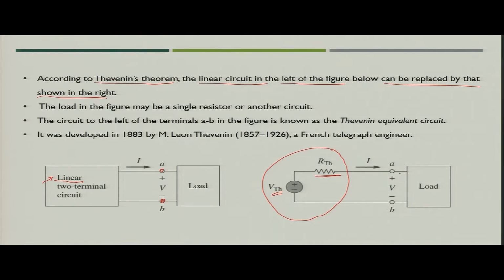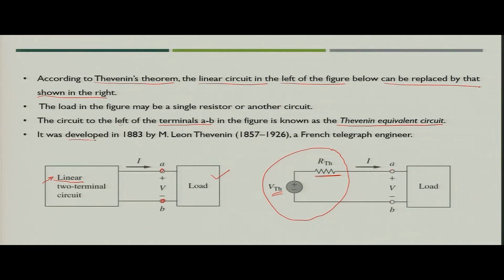You keep the load connected with the equivalent of the circuit which is external to that load terminal. The circuit to the left of the nodes A B is called the Thevenin equivalent circuit.